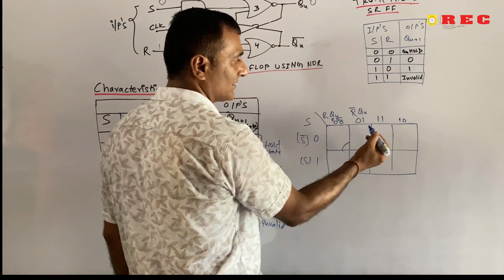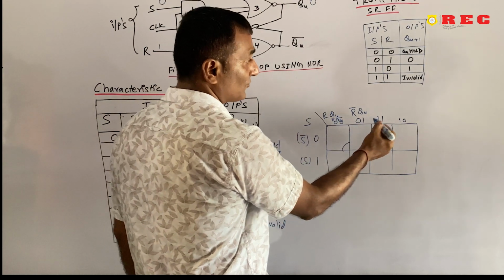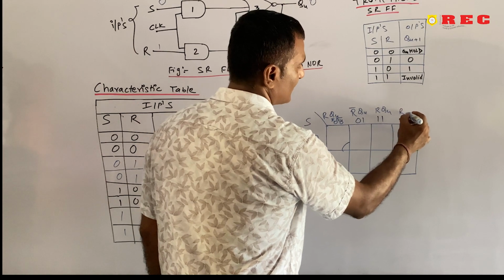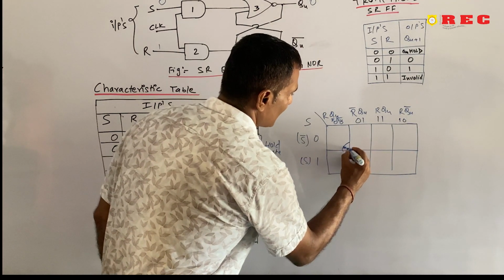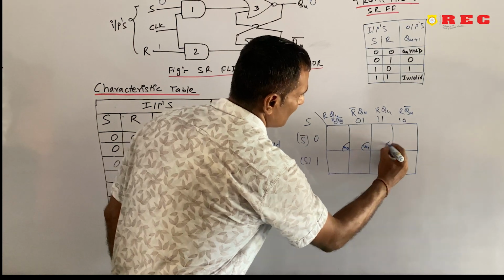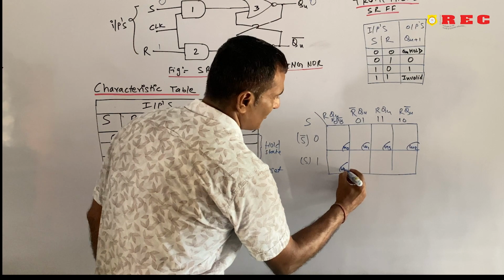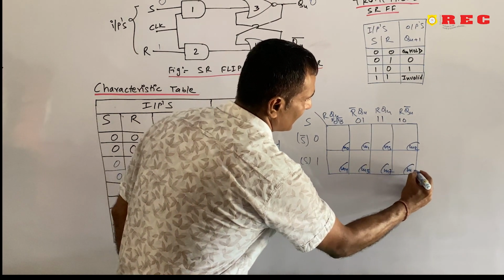This is not binary. We are applying gray code. So in gray, firstly this is 00, 01, 11, then 10, and this is known as R Qn, and this will be R Qn complement. According to that, the names of these cells are small m0, m1, m3, m2, and this will be m4, m5, m7 and m6.